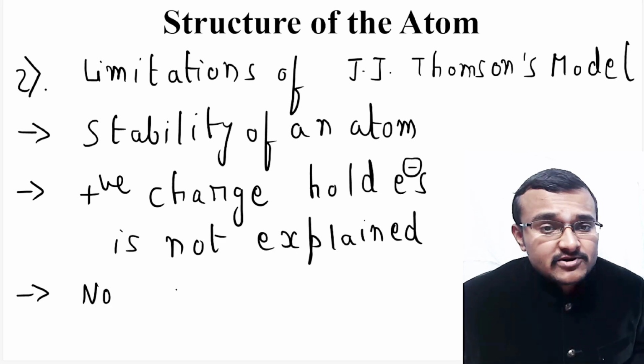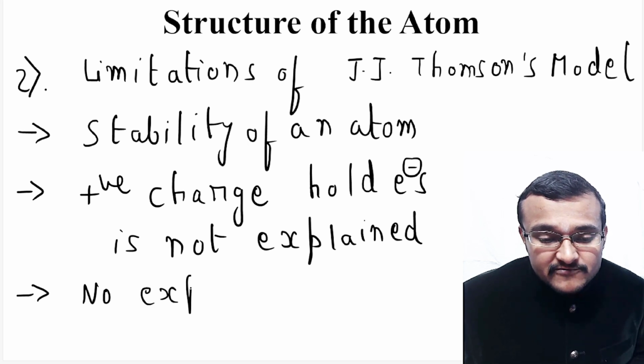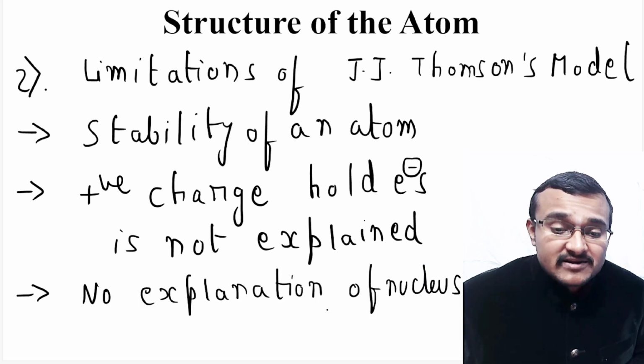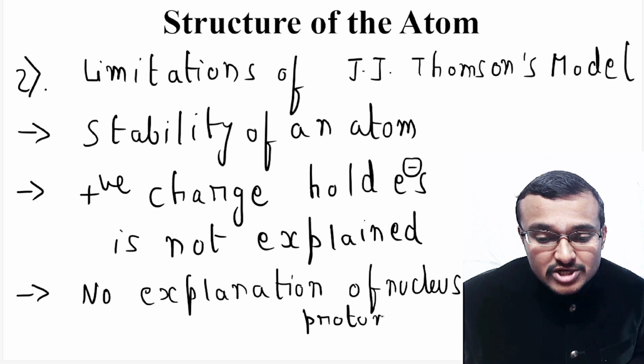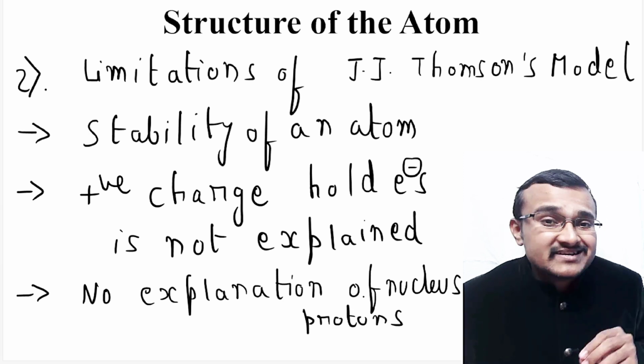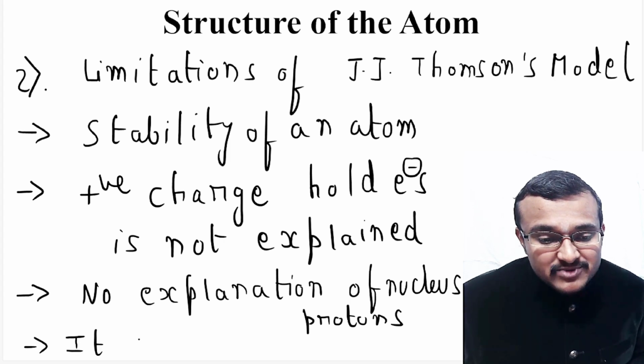Coming to the next limitation of J.J. Thomson's model, there is no proper explanation of the nucleus, and this model doesn't discuss protons as well. Protons and nucleus are not discussed in J.J. Thomson's model, and it also fails to explain Rutherford's scattering experiment.